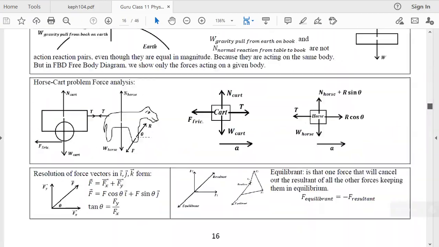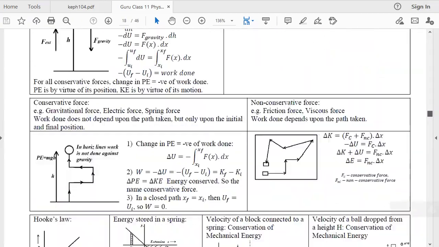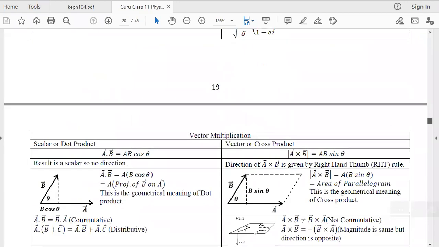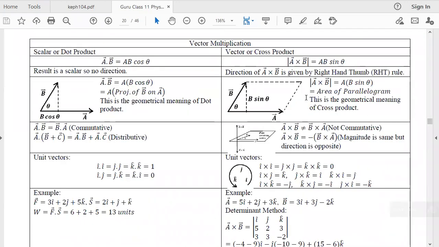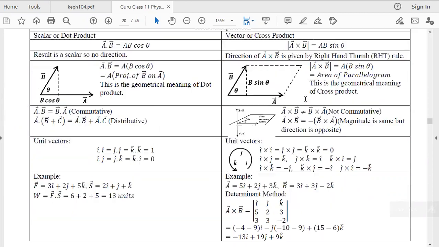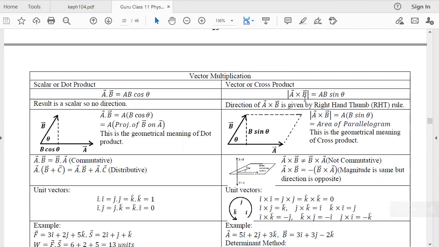It's coming in the later chapters. You can go to page number 20 in your handbook. Some of you have not collected the handbook yet. If you want to collect it, you can collect it at my home. Most of the time I'm not at the center, so if you send me a message, I'll tell you where you can collect it.